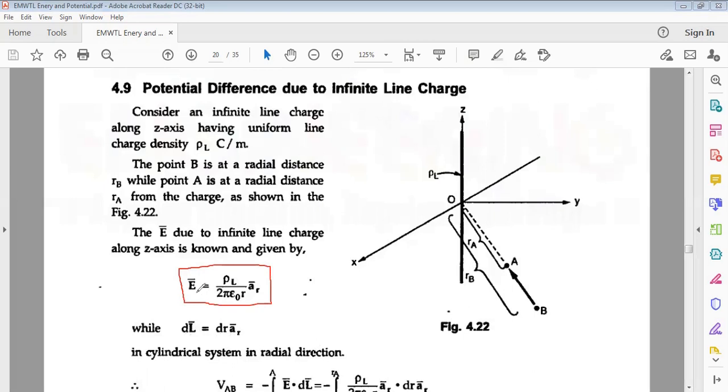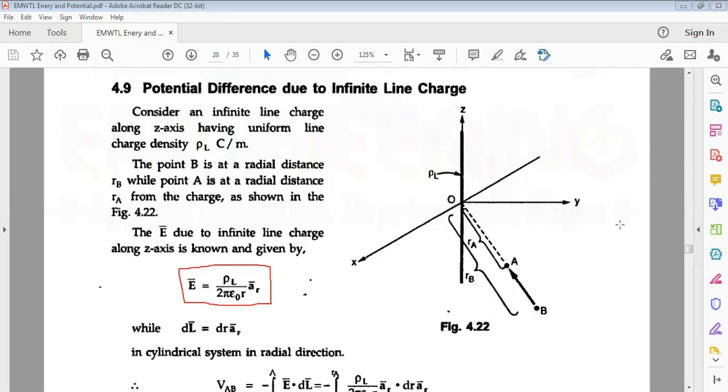Because E bar is in the R direction, the differential length dL bar is equal to dR times a R bar. As you can assume, this is a cylindrical coordinate system having the z-axis, R and phi, so the a phi and a z components are zero in the dot product.